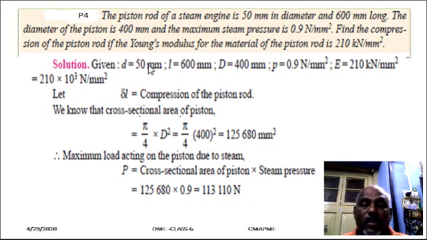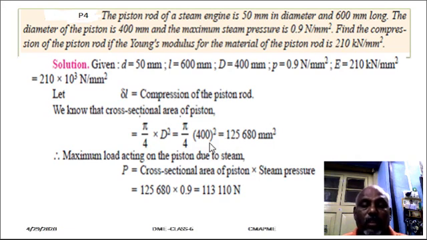The capital D is used to denote the piston diameter, equal to 400 millimeter, and the pressure p is equal to 0.9 Newton per mm square. Young's modulus is equal to 210 kilonewton per mm square, which is equal to 210 into 10 to the power 3 Newton per mm square. From this data we have to calculate the change in length induced in the rod.